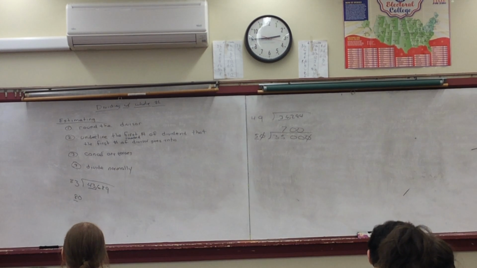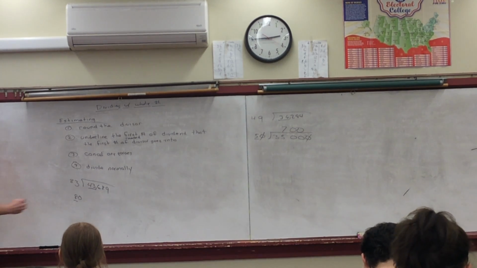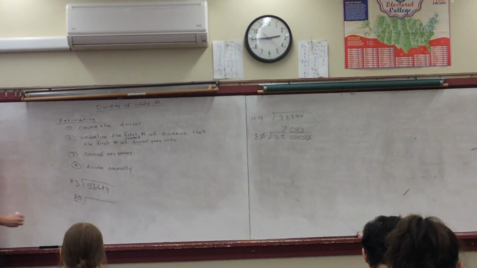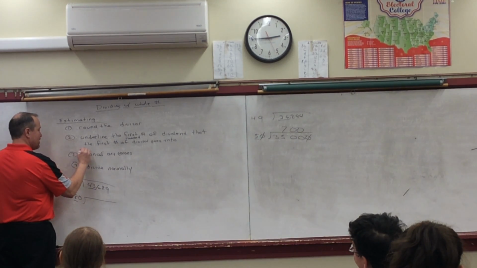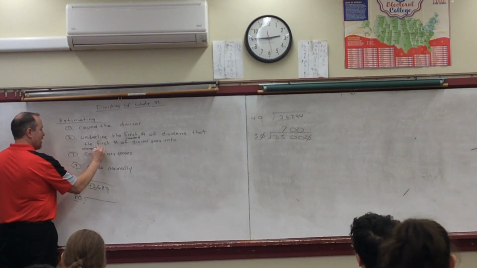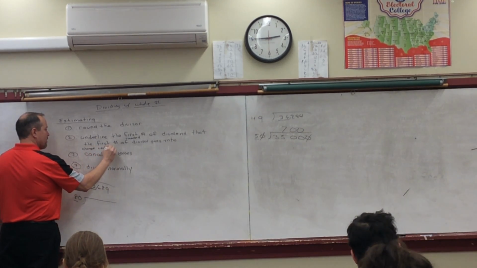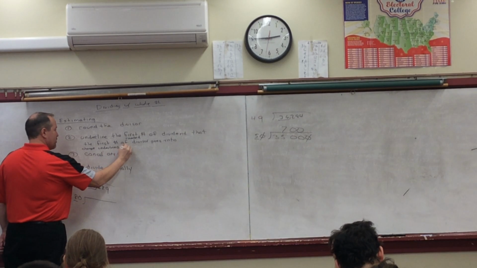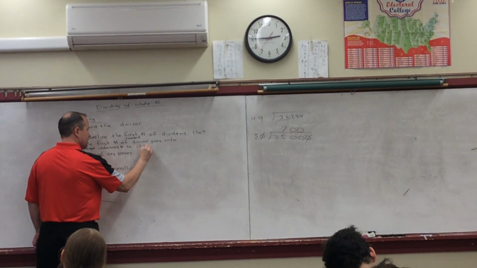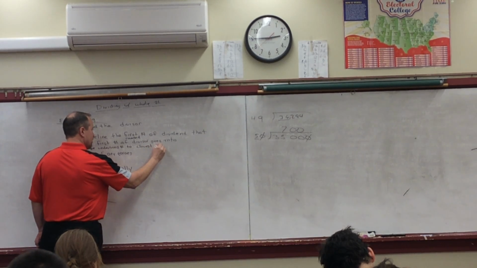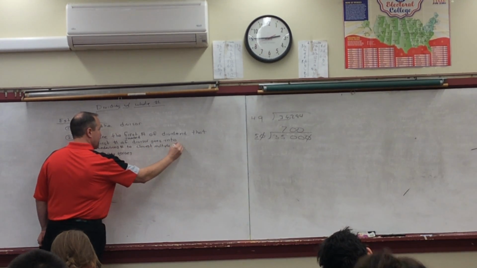Okay? I should have put in here, change underlined number to the closest multiple of the divisor.